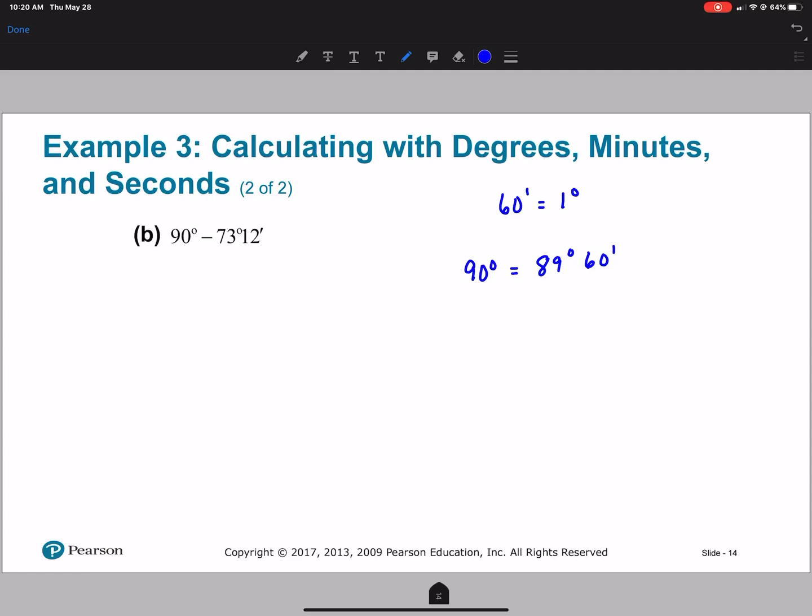Because we know that what? 60 minutes is equal to what? 1 degree. So that'll give us our whole 90. So when we rewrite this, we got 89 degrees and 60 minutes. Then we're going to subtract this. So we got 73 degrees and 12 minutes, and we're going to subtract them.